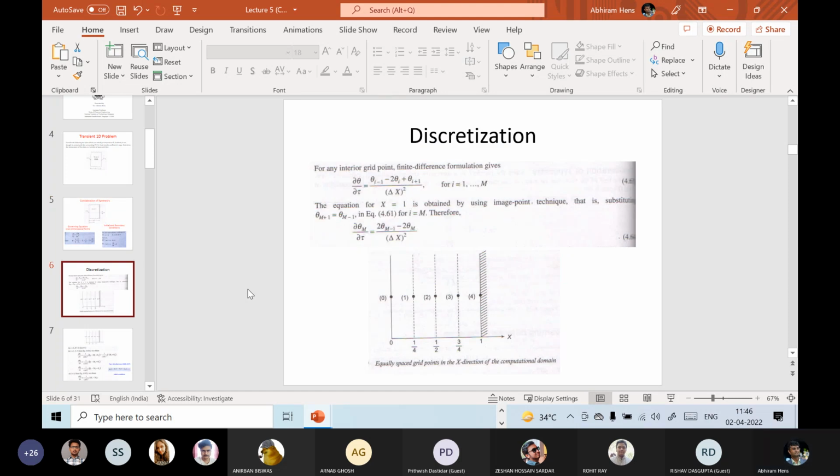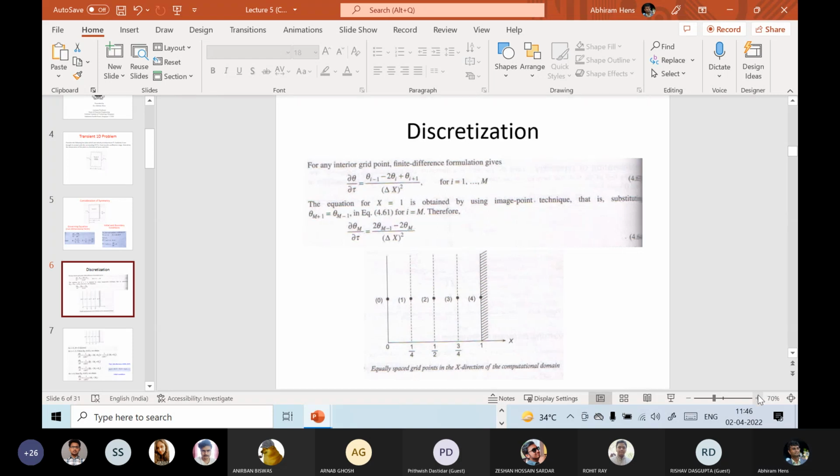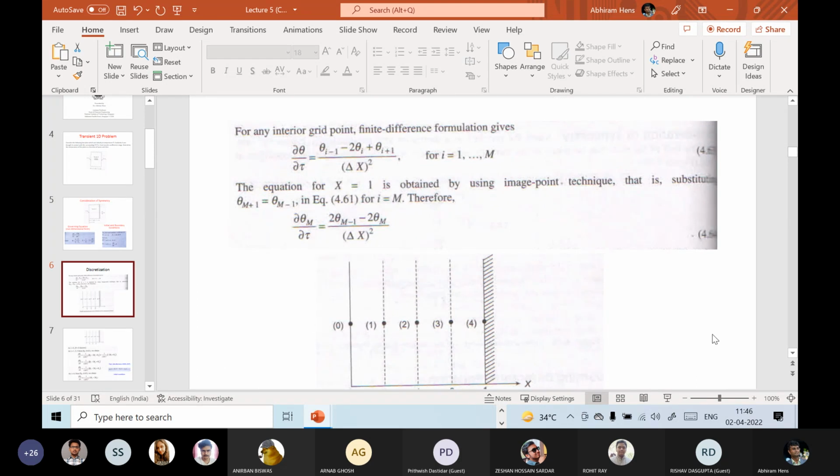Sir, here we are considering theta m minus 1 equals theta m plus 1, because the temperature at point 3 and at point 5 are the same, right? It is not because of the geometry of this problem being symmetrical. Whenever the temperature difference is the same, you understand your problem, because boundary conditions are of two types.